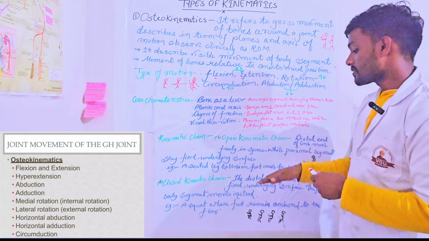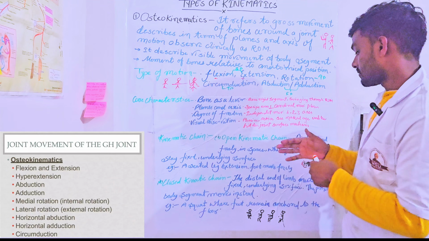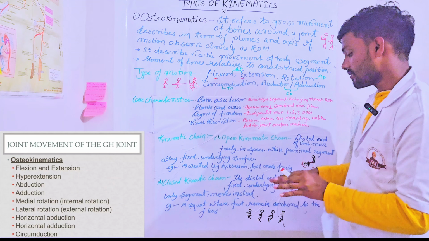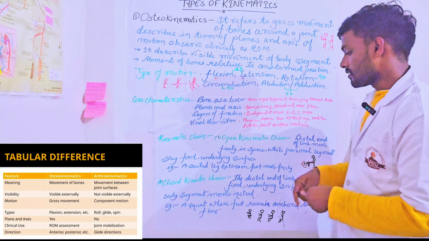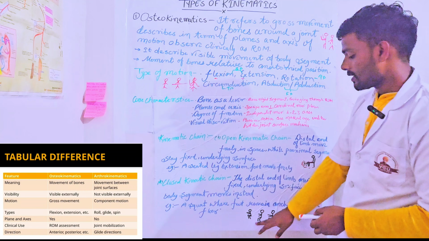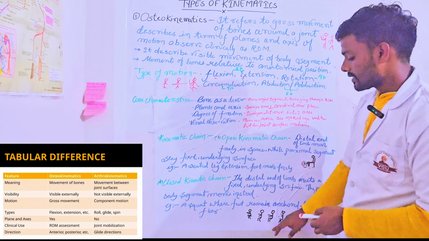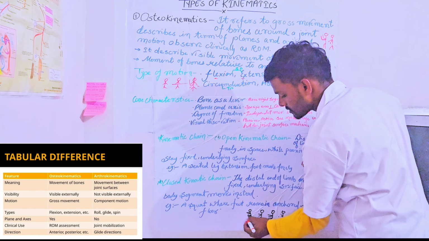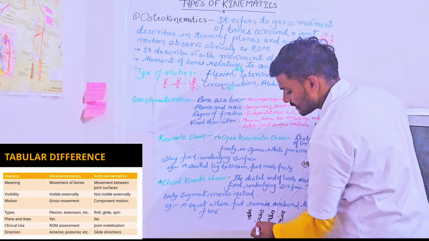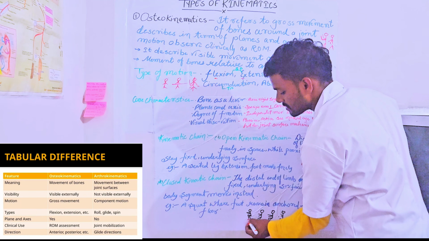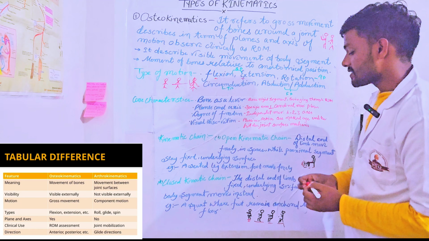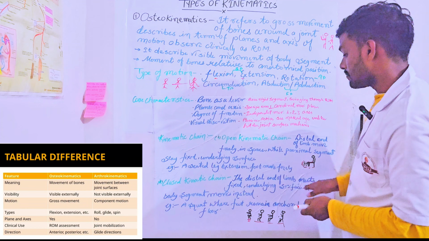For example, a person performing a squat has their foot supported on the floor and fixed. That is the distal segment. The distal segment meets the floor and is fixed. So that is the definition: the distal end of the limb meets a fixed surface.